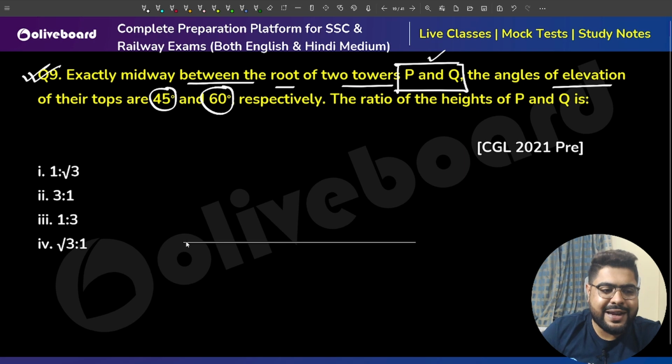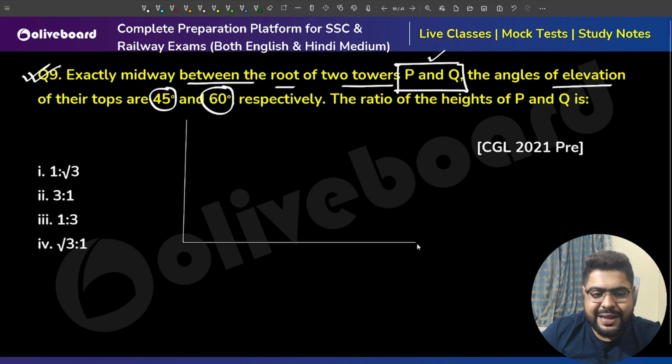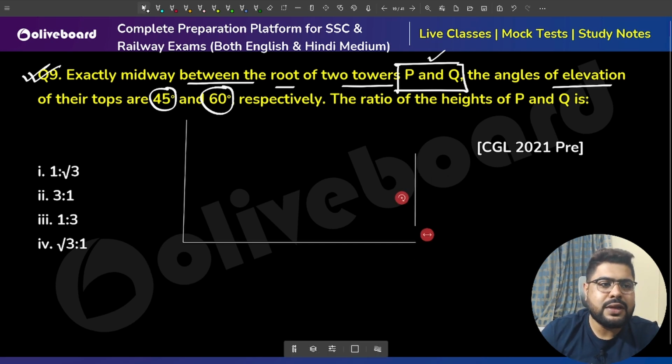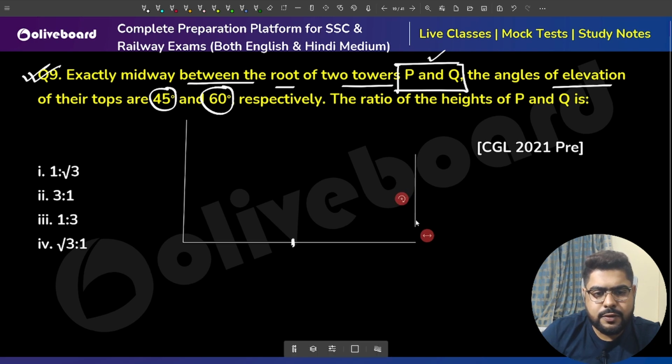I drew it like that only because it was easier to draw. You see, some problem is going on with this board, sir. Finally, it got selected.